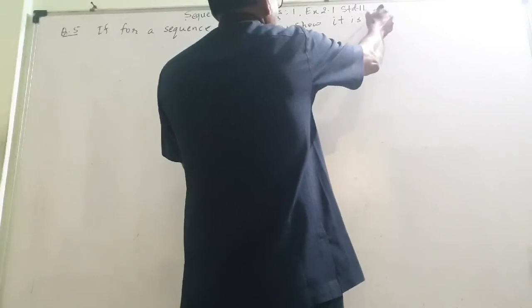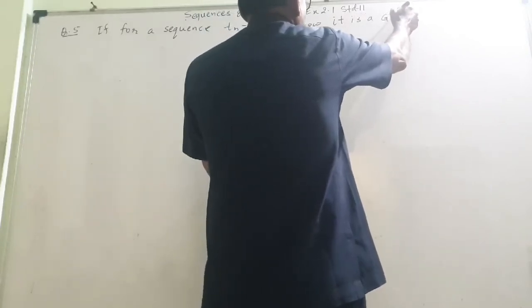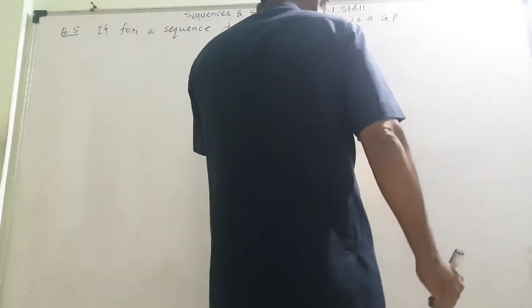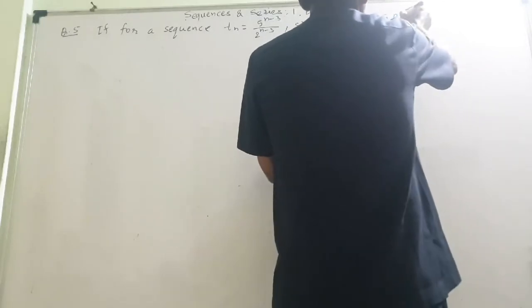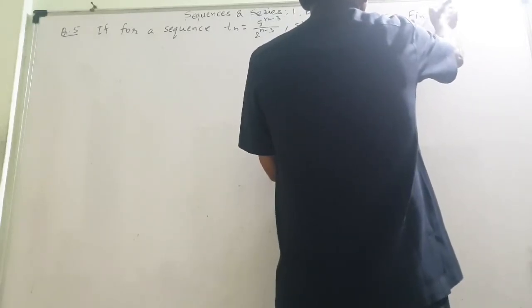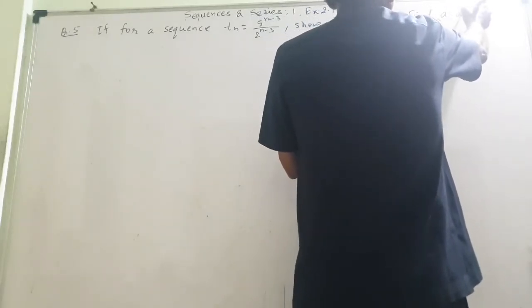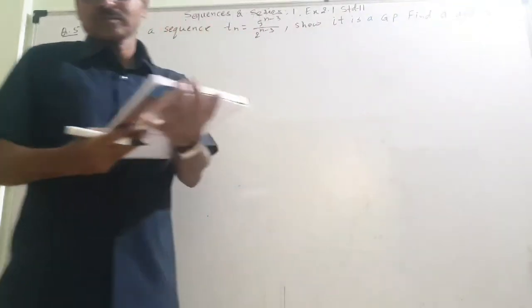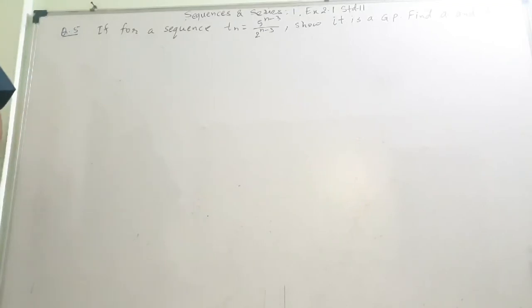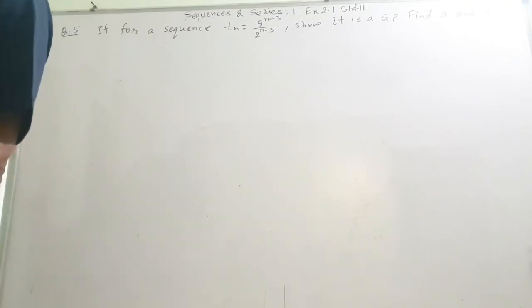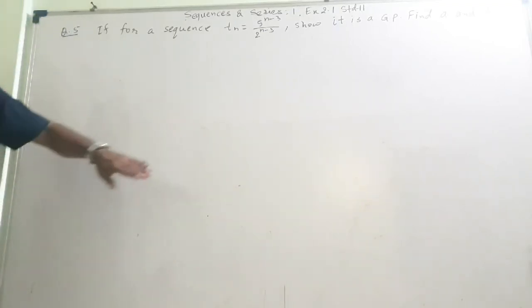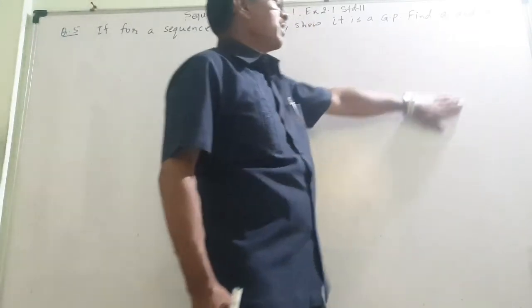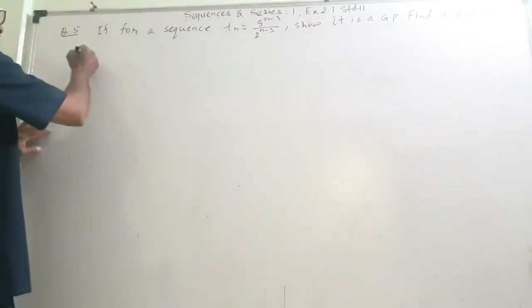Find the first term A and the common ratio R. So these are the two questions. This means two different things are needed over here. So solution.